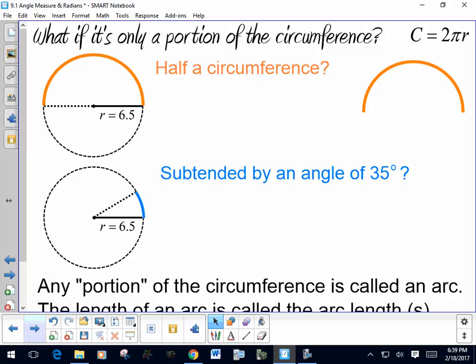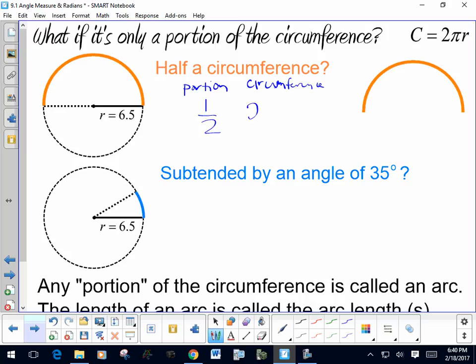So this arc, if we want to know its length, we can still think of that circumference formula, C equals 2 pi r, but this time we have to think about what portion of the circle we have. Well, in this case, the portion of the circle we have is half, and the circumference is, again, 2 pi times the radius, 2 pi r.